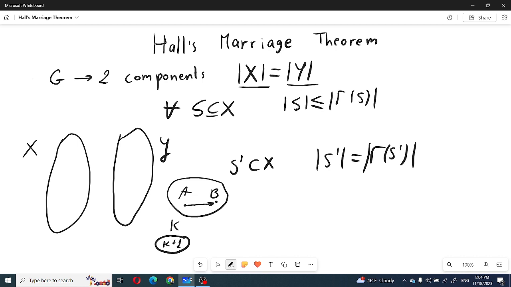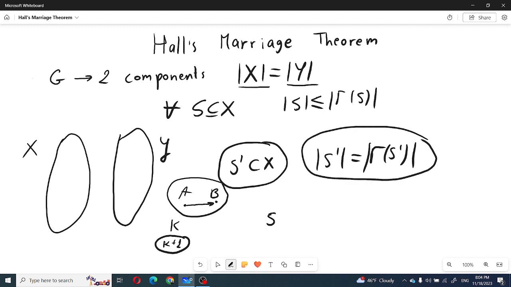types. First, we can find some set S prime such that the size of S prime equals the size of the neighbors of S prime in Y. In this case, take any such subset S prime and its neighbors, G of S prime.